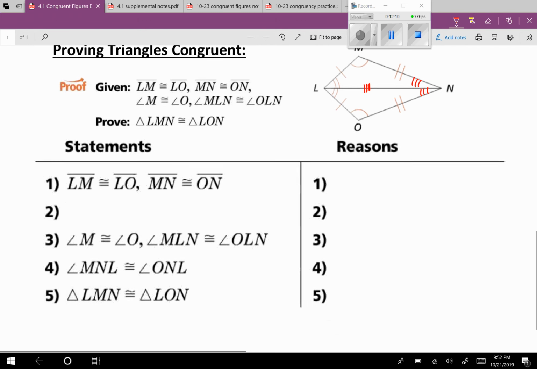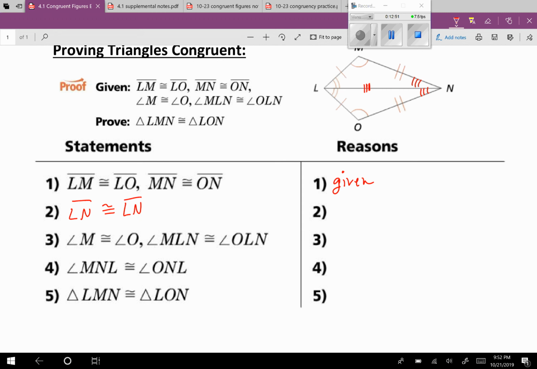So the first one, it says LM is congruent to LO and MN is congruent to ON. Well, that's given. Okay, and then the next part, so these are the sides. We're going to start with the sides. So we did the 2 sides that are on the outside. Now we're going to talk about that one in the middle that we did. So LN is congruent to LN itself.